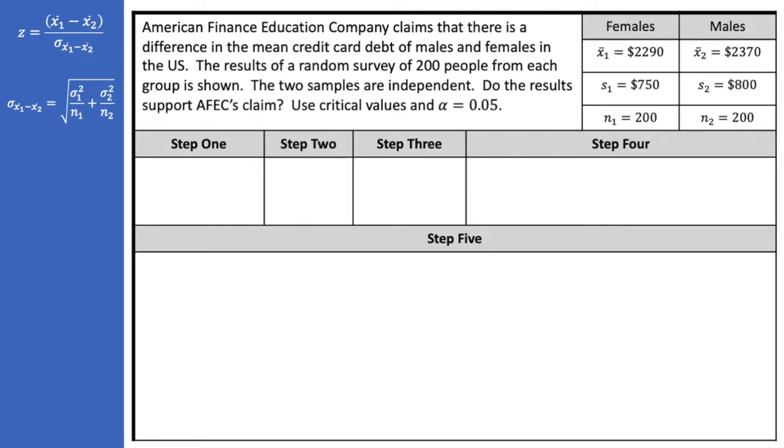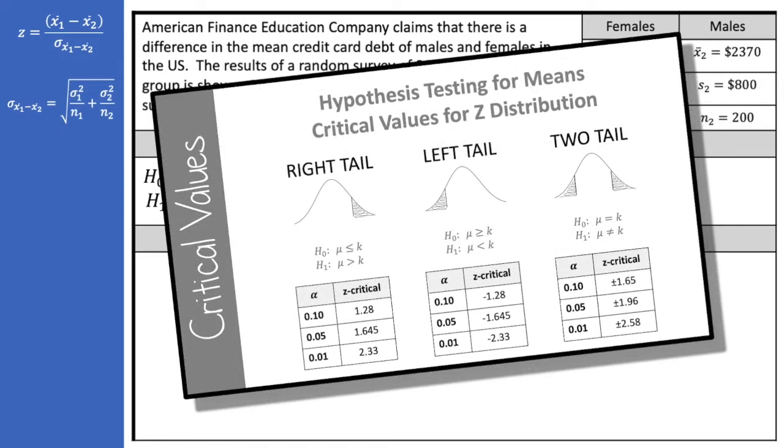The null hypothesis in this case is that the population means are the same. The alternate is that they're not the same. We've got a 0.05 significance level, Z distribution, two-tailed test. Now, just like we did with one sample hypothesis testing, we're going to use our cheat sheet that we created to find the correct critical value. We've got alpha equals 0.05 and a two-tailed test.